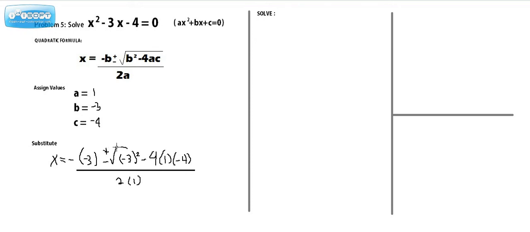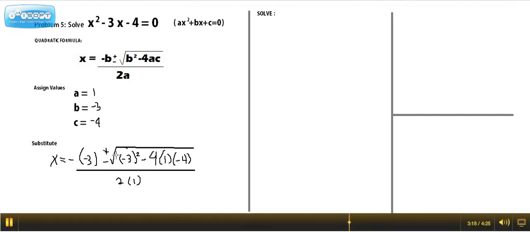Now that you've substituted the values into the formula, you are ready to solve.